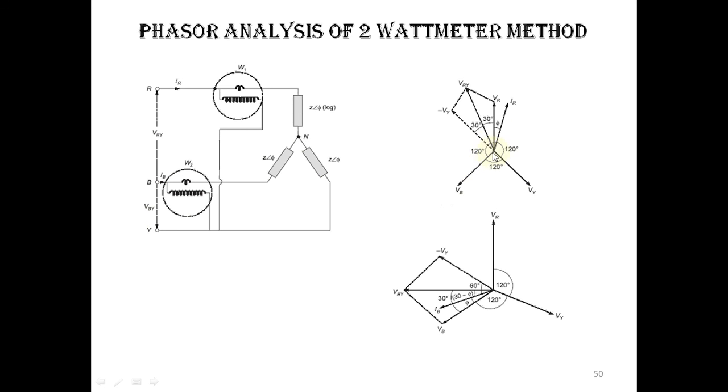So VR, VY, VB, and IR lags VR by an angle phi. Now what does W1 read? VRY. VRY means VR minus VY. VR is here, VY is here, so minus VY will be this one, just reversed. The phasor sum VR minus VY is this one, VRY.